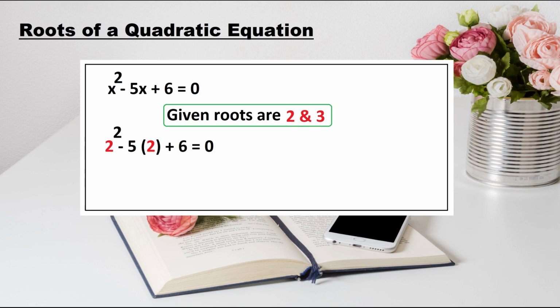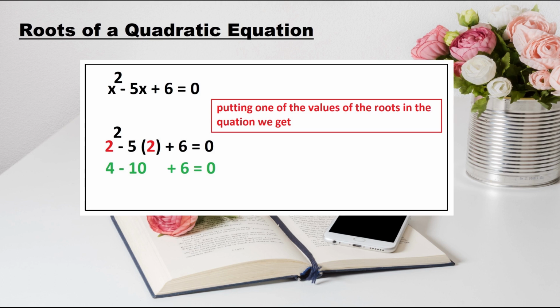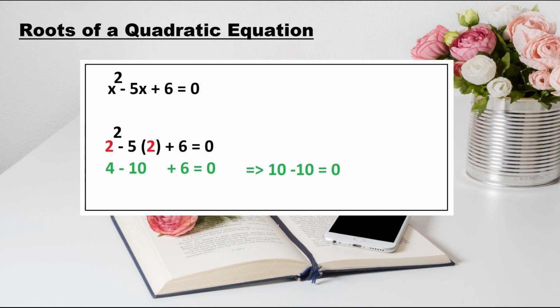So now here we put 2 in place of x and see what happens. x square minus 5x plus 6 equals 0. In place of x we put 2, so 2 square is 4, minus 5 multiplied by 2, that is 10, plus 6 equals 0. Further solving it, 4 plus 6 we get plus 10, and then minus 10. Plus 10 is cancelled by minus 10, so finally we get 0 equal to 0.